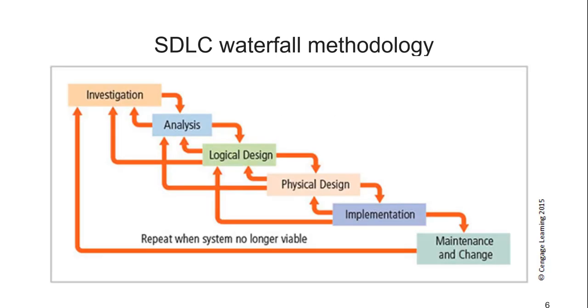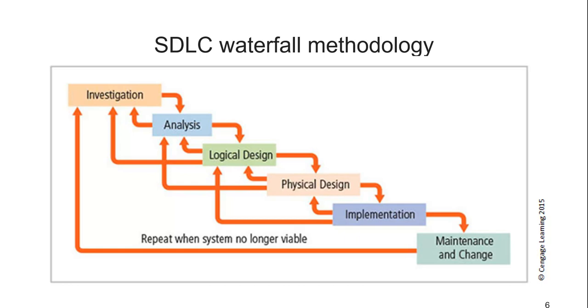This diagram shows the waterfall methodology as one of the approaches to system development life cycle. The figure shows the six phases that the system development approach goes through. The approach starts with investigating the system to determine system requirements. Once the system requirements and user requirements have been identified, we move to the next phase of analyzing system requirements.